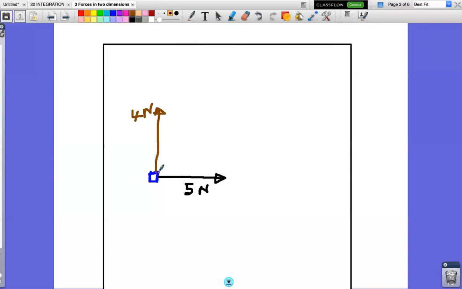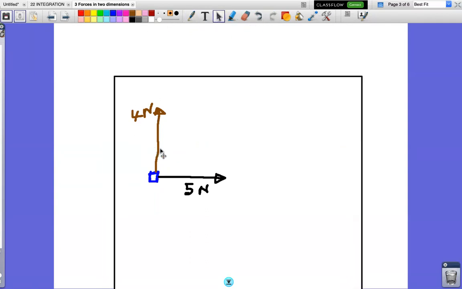Certainly the book will move in some direction like this, right? Because there's a pull this way and there's a pull this way. Why does the book move in this direction? Because the resultant force of these two forces is in that direction.